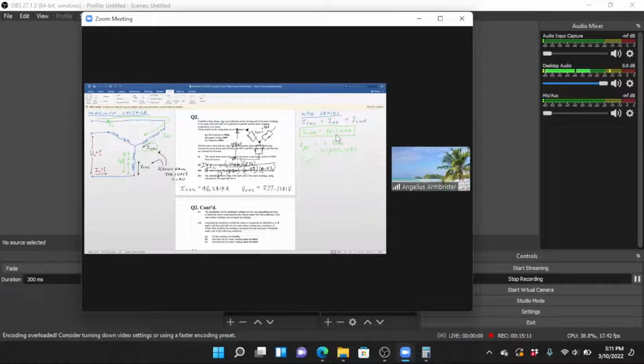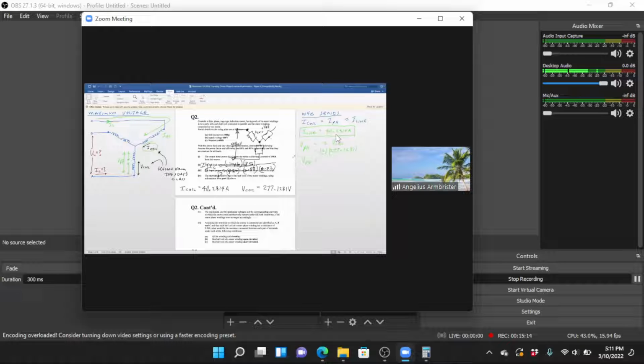So V phase would be 277.1281 times 2, which is 554.2562 volts. That's V phase right there.